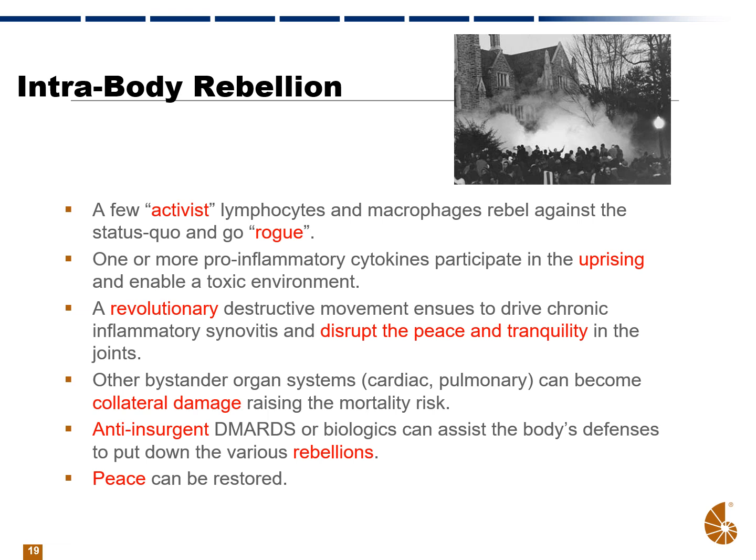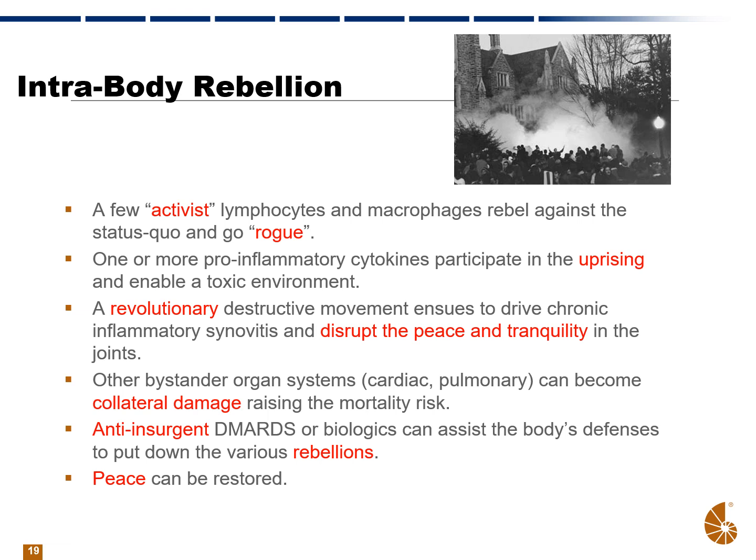rebellion in the body. So this is a picture of college when I went to college, and every spring we would have a rebellion. So rheumatoid arthritis is kind of like the rebellion in the spring that we would have at college. Now you have a few activist lymphocytes and macrophages that rebel against the status quo and go rogue. This causes an uprising and enables a toxic environment in the joints.